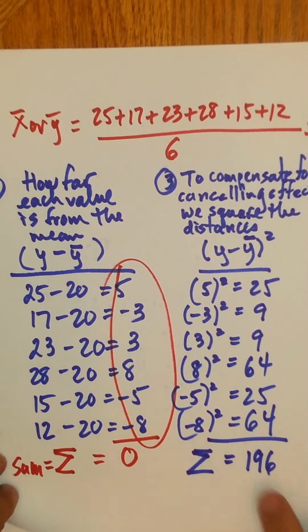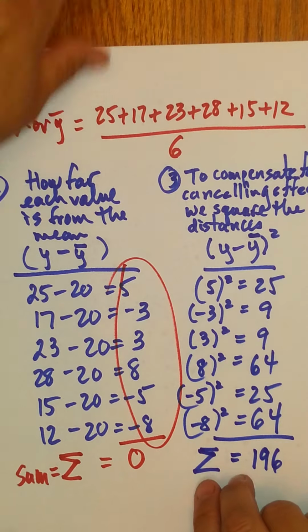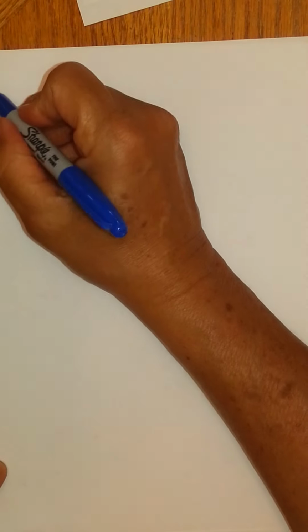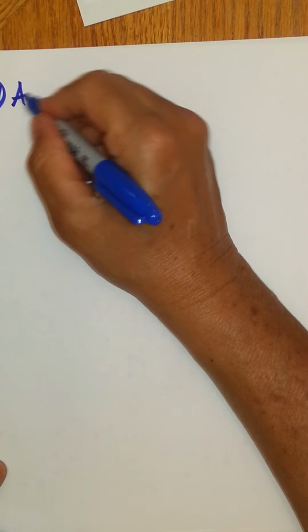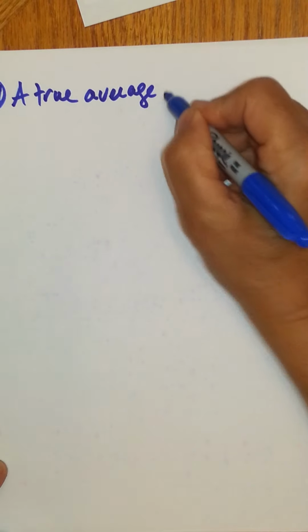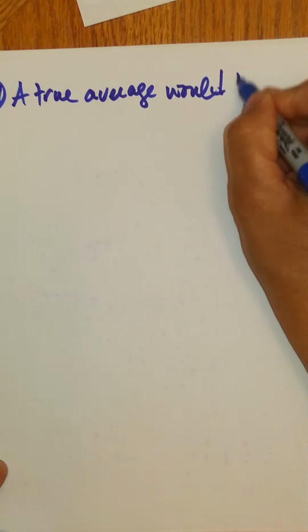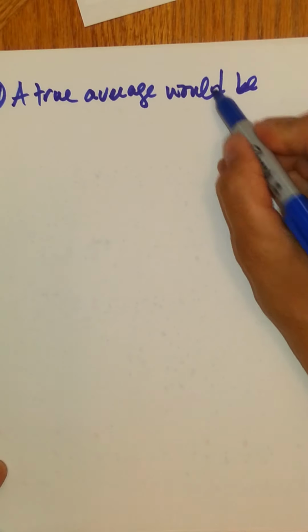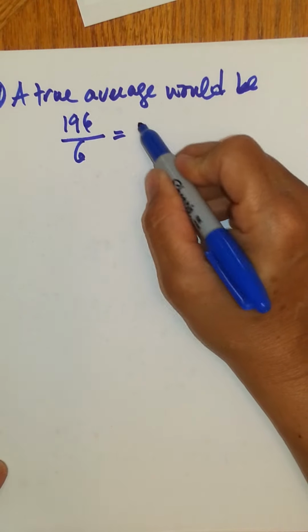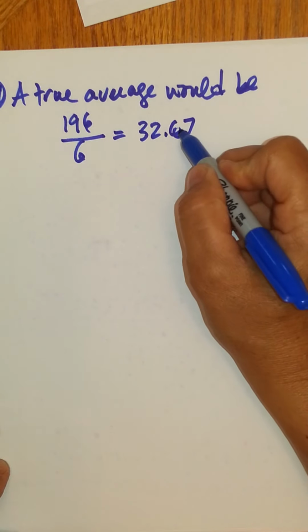So let's take this 196, and let's see what else we're going to do now. Now, technically, a true average would be 196 divided by 6, which would be 32.67.